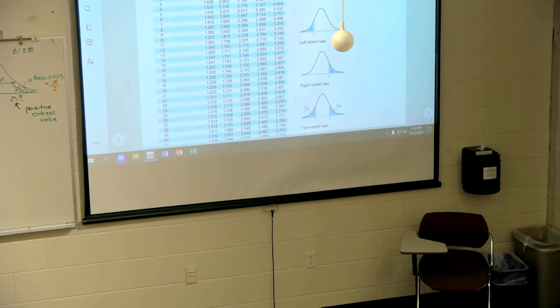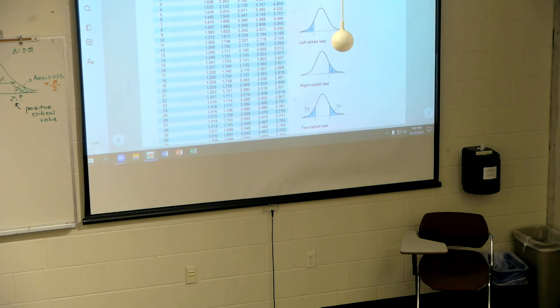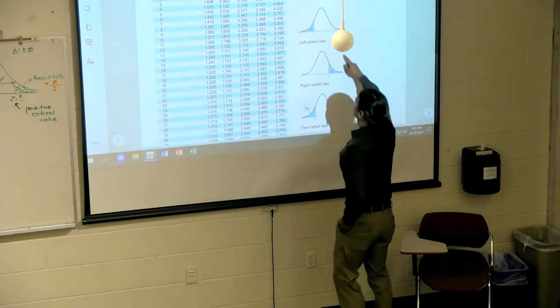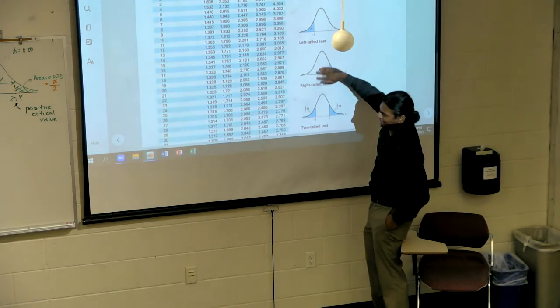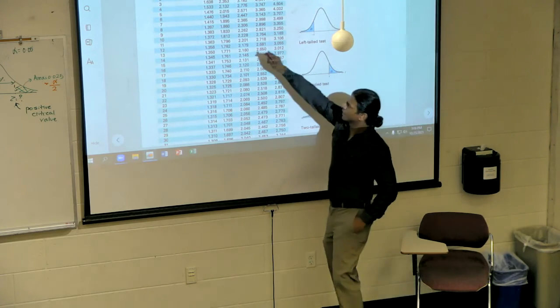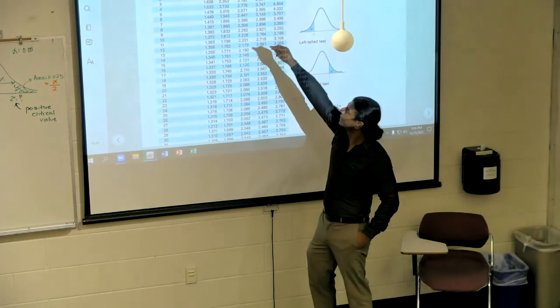So if you don't have the table, excuse me, if you don't have inverse T, you would use the table. It's giving you options, confidence interval, and these, this is chapter 8. We'll talk about that later. So you have 3 rows on the top, right?